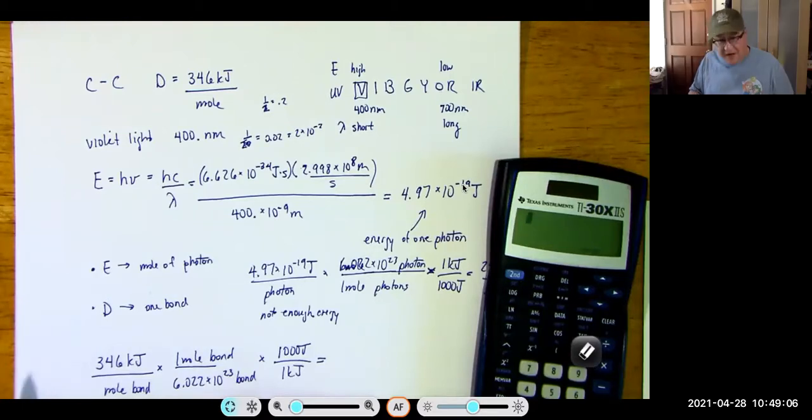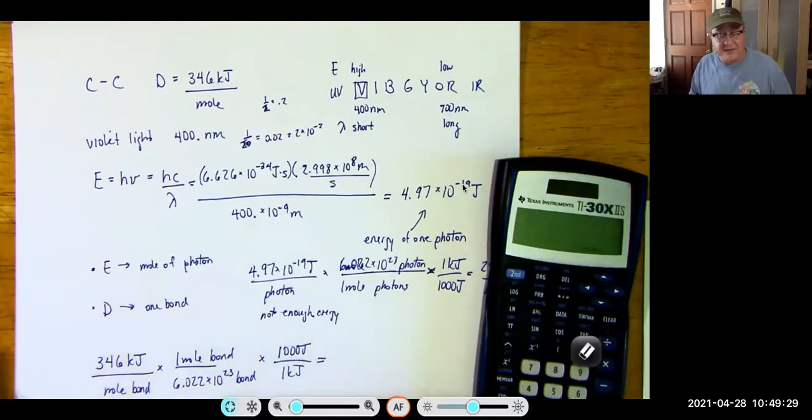Okay, it goes in 55 times. 55 times 1,000 is 55 times 10 to the third, right? And then this 10 to the 23 makes that not 10 to the third, but 10 to the minus 20. So we should get about 55 times 10 to the minus 20, which is also 5.5 times 10 to the minus 19.